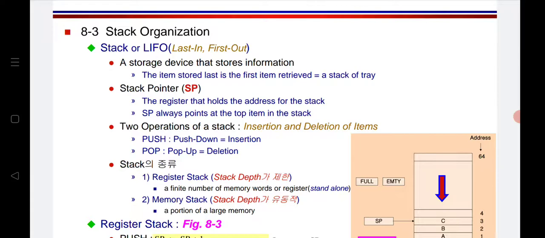A stack pointer always points at the top item in the stack. The last item which we have saved, that particular item's memory address will be stored in the stack pointer, that is the top.